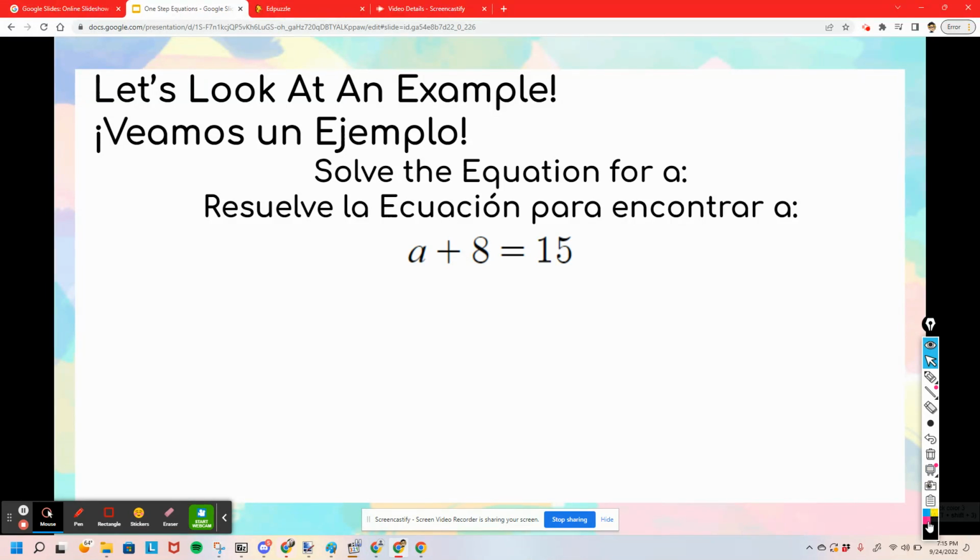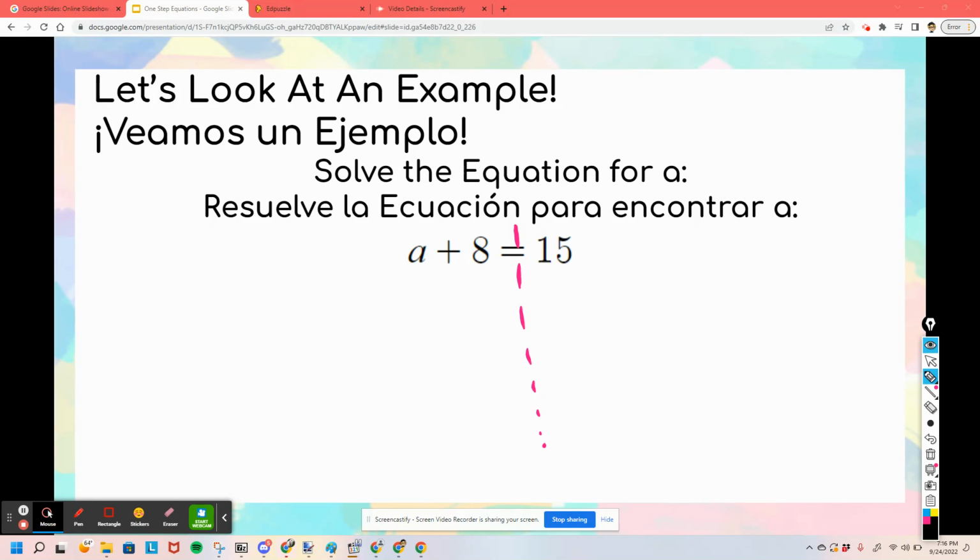So take a look at this one. We have a plus 8 equals 15. Now, I know a lot of you guys really like the imaginary line. So let's put up our imaginary line. So we go, all right, what is happening to the a? It's addition. You might think it's multiplication. It's addition. A plus 8.